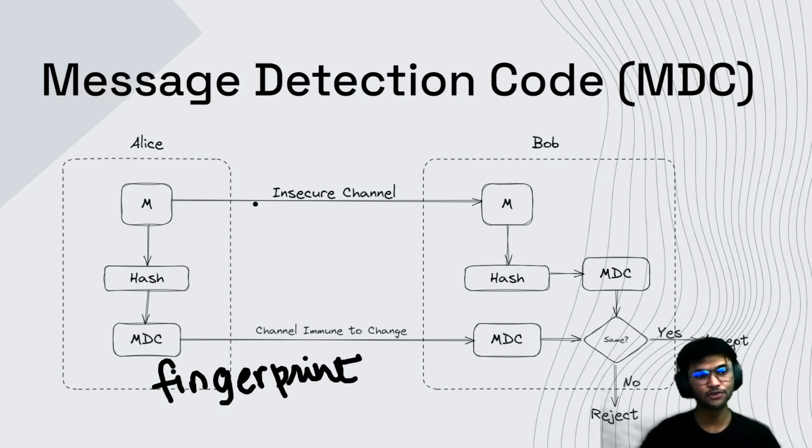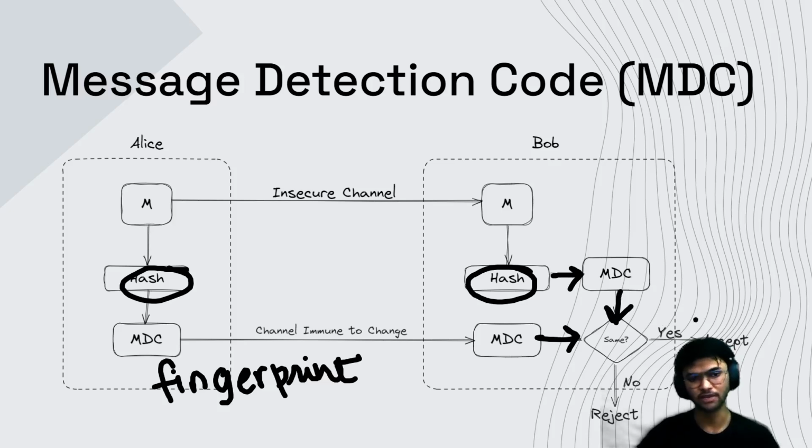When Alice wants to send this message and its corresponding digest over to Bob, Bob can independently apply the same hash function at their end and generate their own corresponding digest, or the MDC. If the calculated digest matches the one that is received from Alice, it serves as irrefutable evidence that the data hasn't undergone any modifications during transmission.